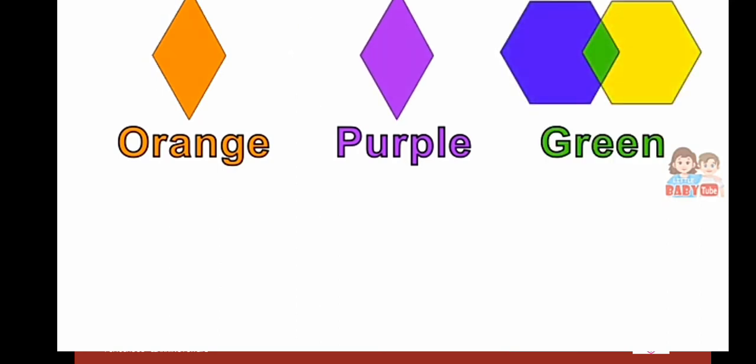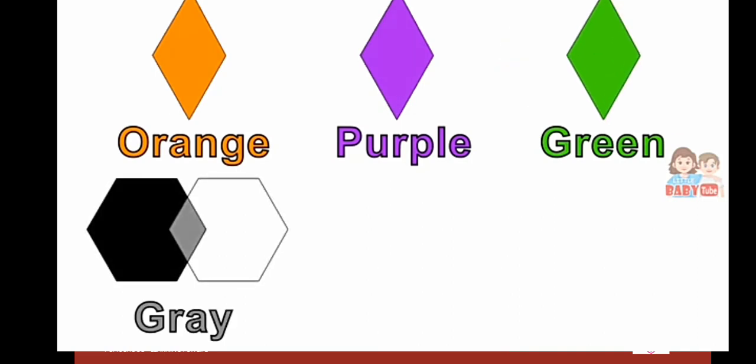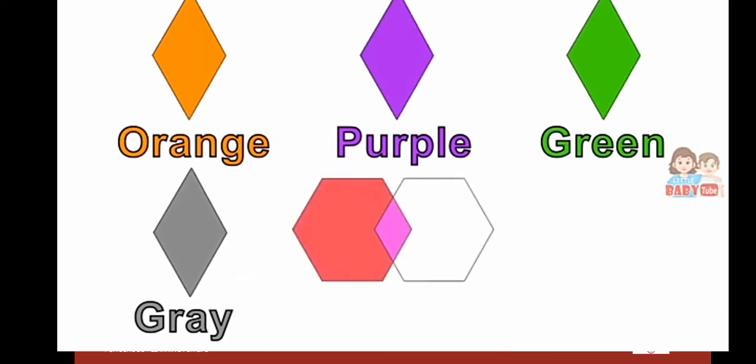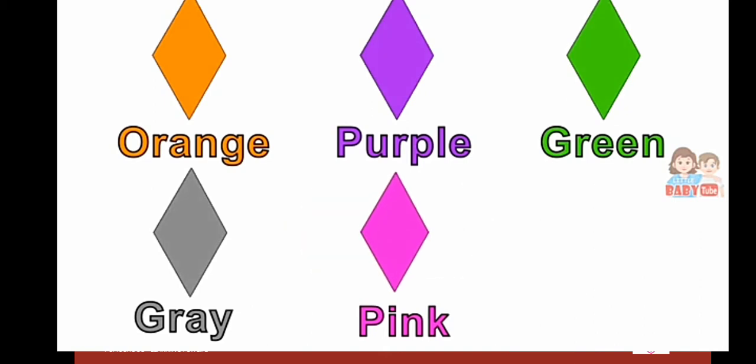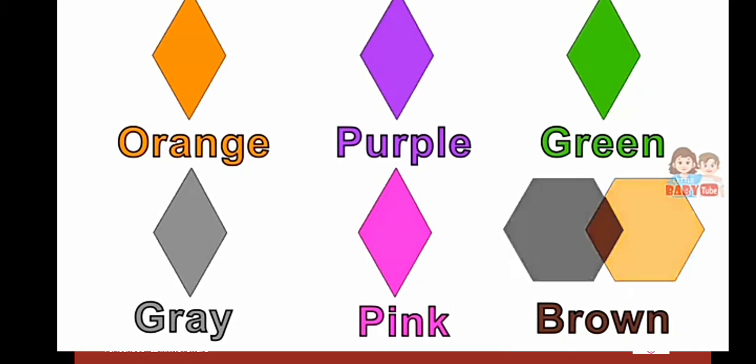Blue and yellow makes green. Black and white makes gray. Red and white makes pink. Black and orange makes brown.